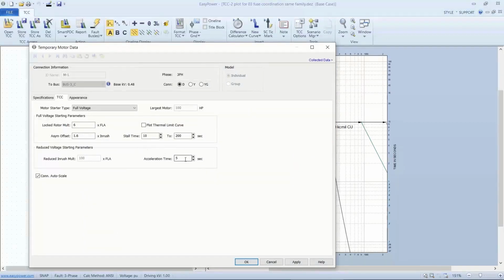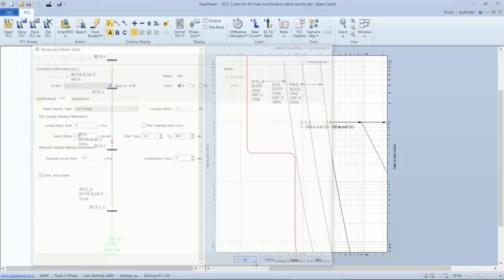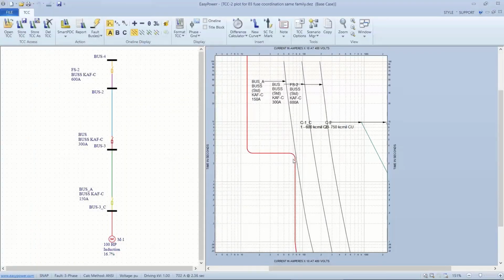Looking at my acceleration time for the motor on a temporary basis, we can see that if the motor in fact accelerated slightly slower, I could ensure myself of not having the sporadic trips. Or if I pick a slightly larger fuse in the same family, I might be able to accomplish the same result.